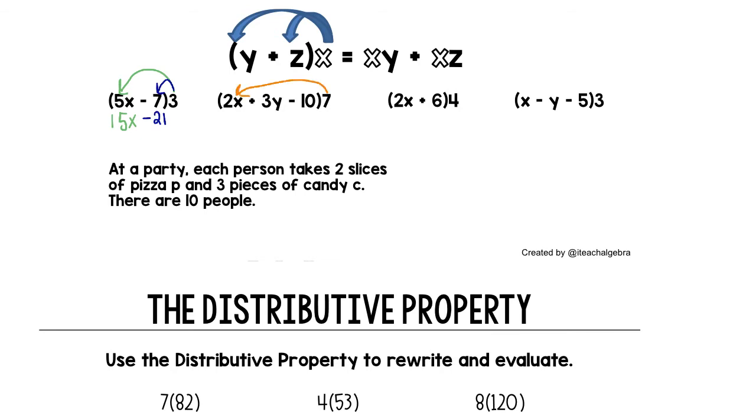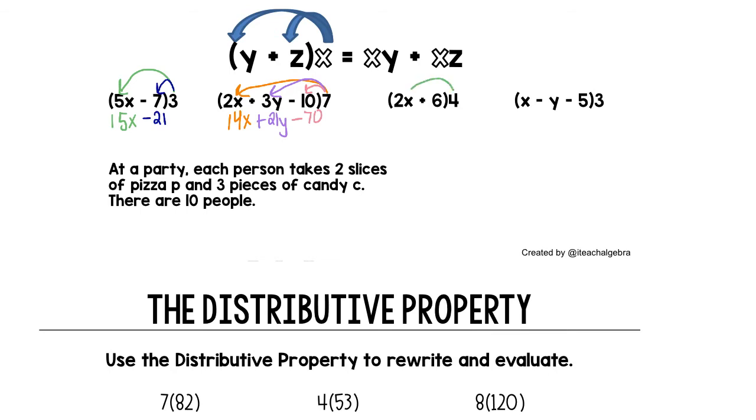7 times 2x is 14x. 7 times +3y is +21y. And 7 times -10 is -70. Next two are all you. Pause it here and try it out.